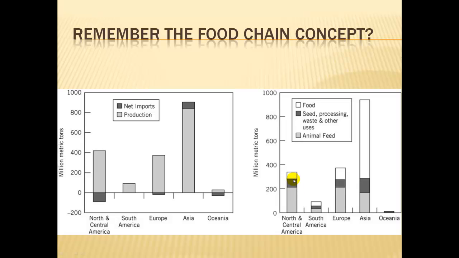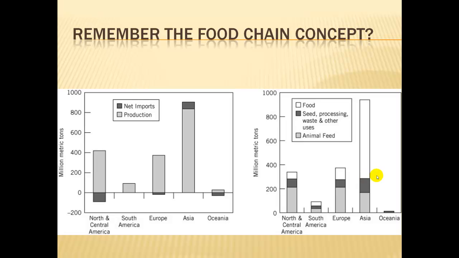We have some seed processing waste, things like corn syrup, and this is only how much we eat of our grains as actual food. Look over at Asia. Asia uses very little for animal feed, and by far, well over three quarters goes towards direct consumption of food. They're directly eating the grains.